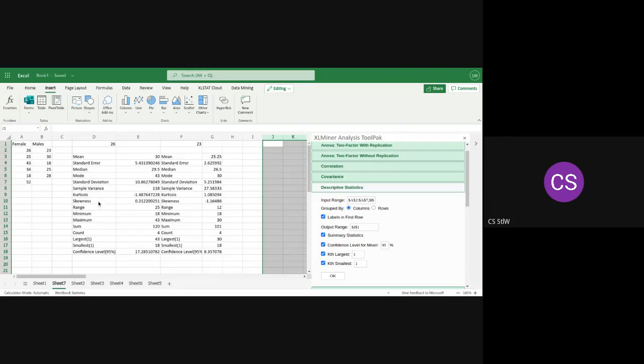You can see all that: sample variance, kurtosis, skewness, range, minimum, maximum, sum, count, largest, smallest, confidence interval. And it does the same with the B for the males. So that is the descriptive analysis. So we are just able to get an analytical feel of how our data set looks like.